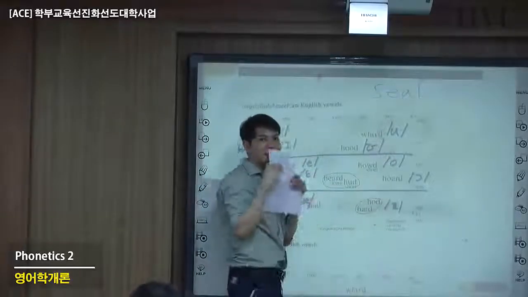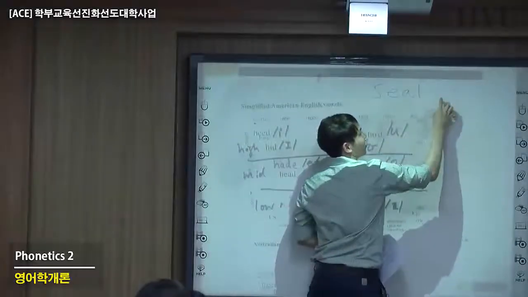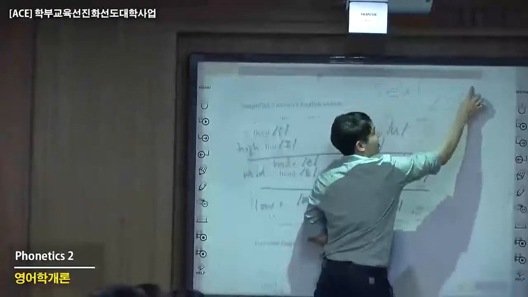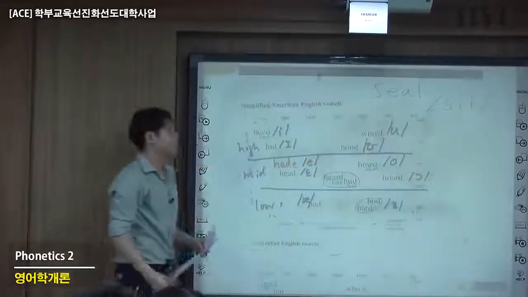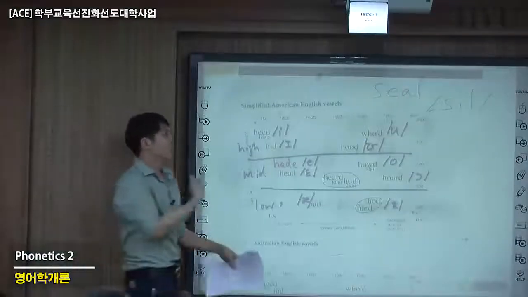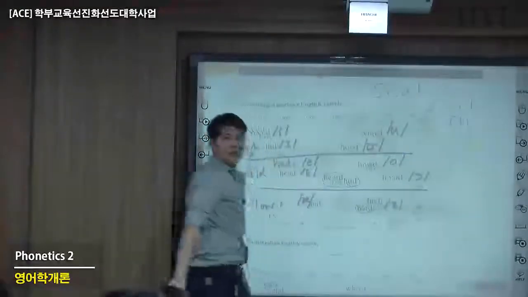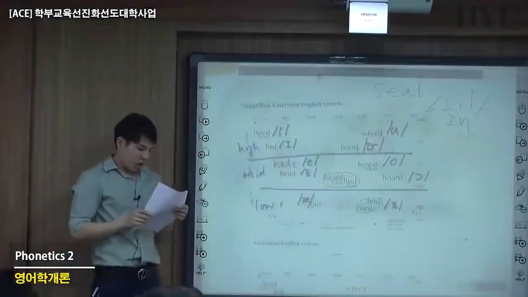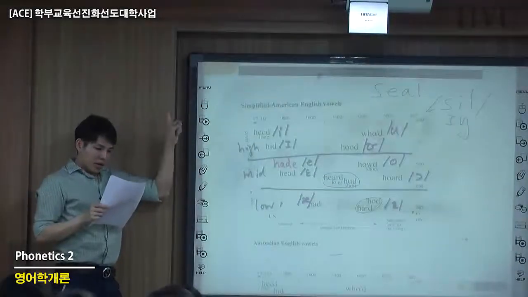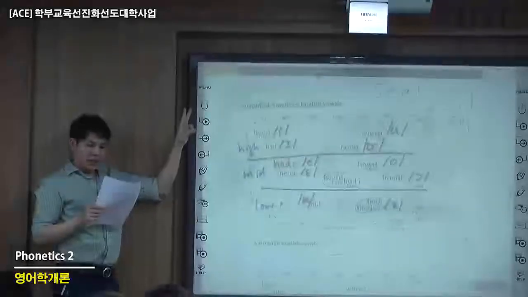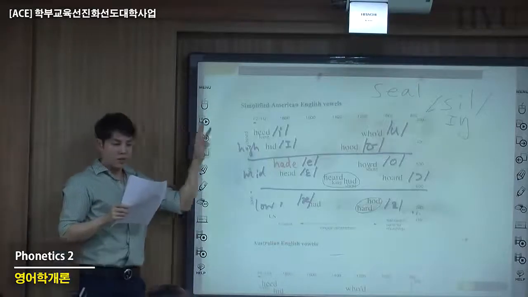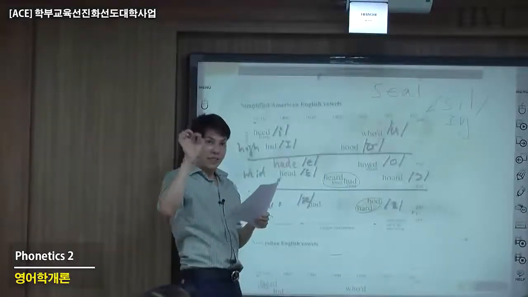So seal, when you transcribe it, is seal, like that. If it's sealing, you just add ing, sealing, okay? So number 1 is the same, number 3 is the same, and number 4 is also the same as the test word because it has the E sound, right?